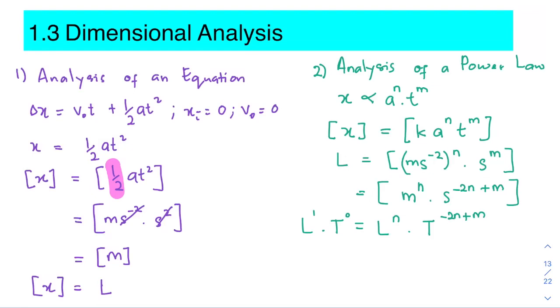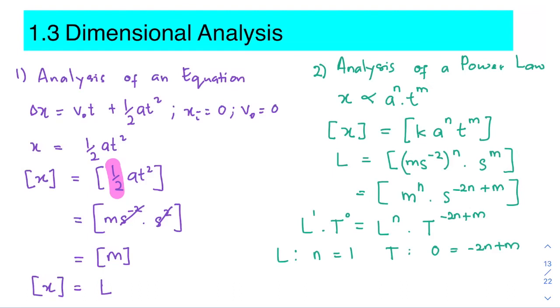Now we are going to analyze the power law. For L, n is equivalent to 1. For T, 0 is equivalent to negative 2n plus m.